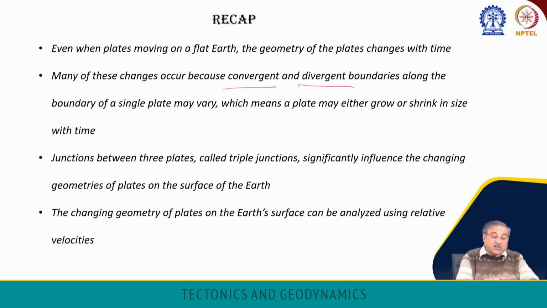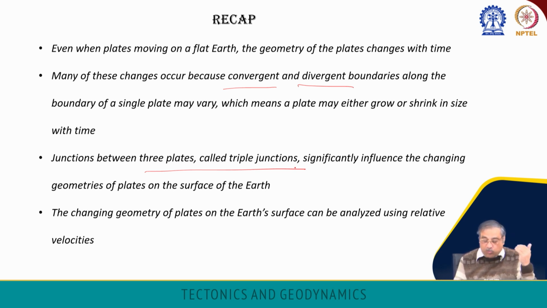Now, the next thing that we understood is that when we look at the junctions between three plates, these places called triple junctions, these also significantly influence the changing geometries of plates on the surface of the Earth. Whenever triple junctions move in a particular configuration of plates, the geometries of these plates on the surface of the Earth also change.